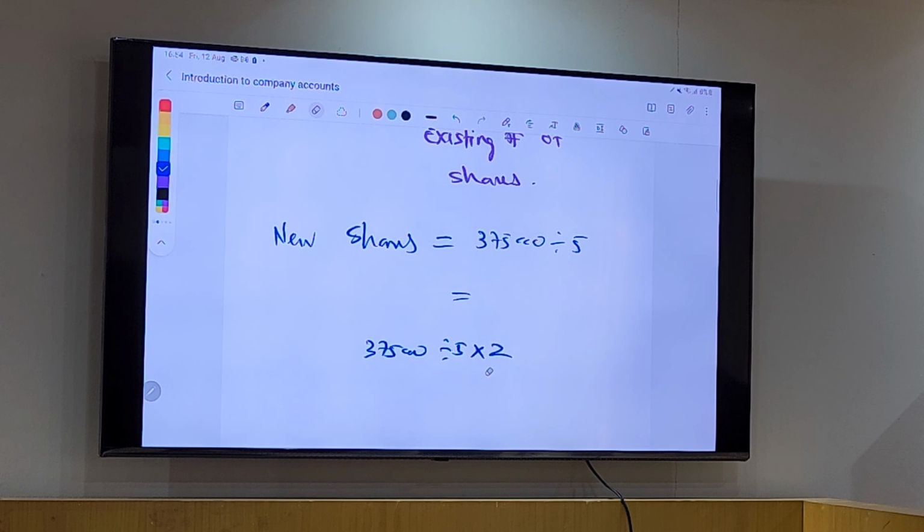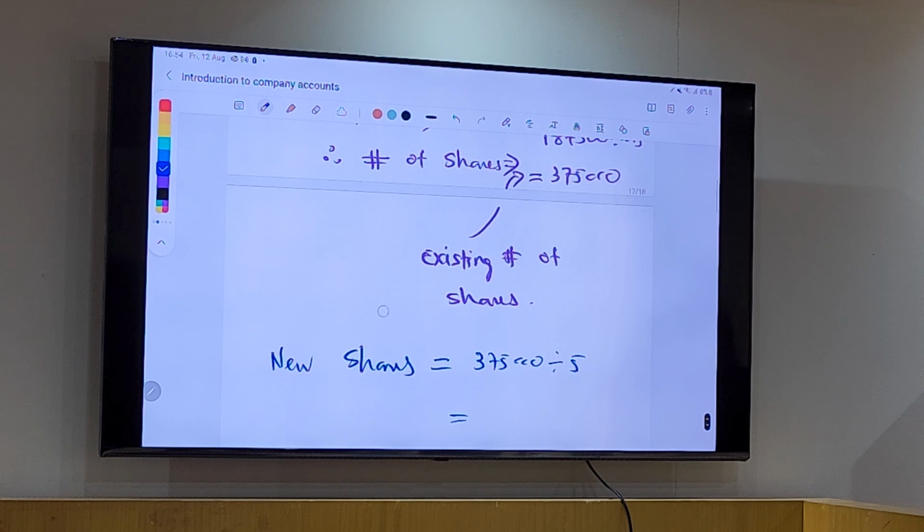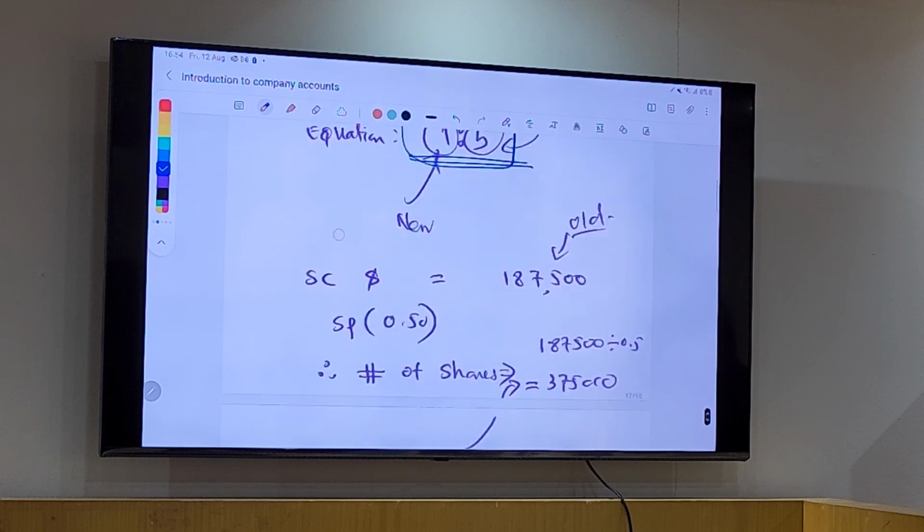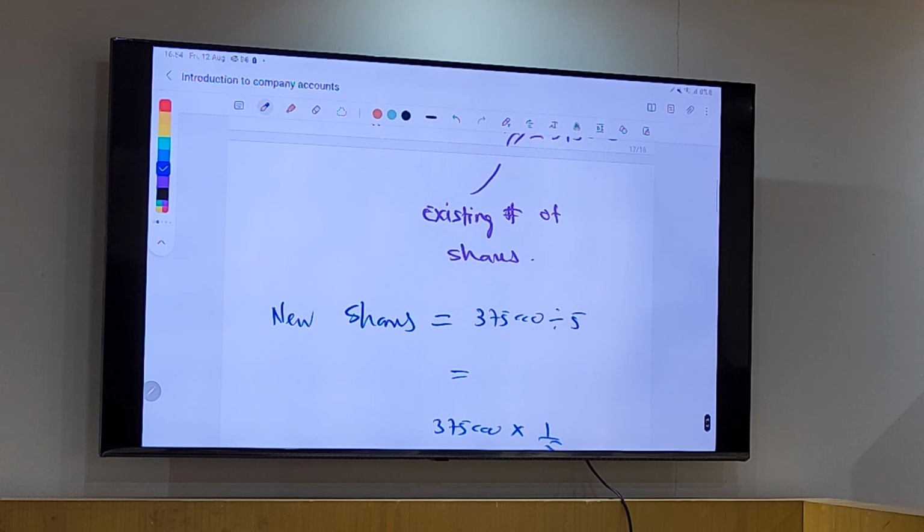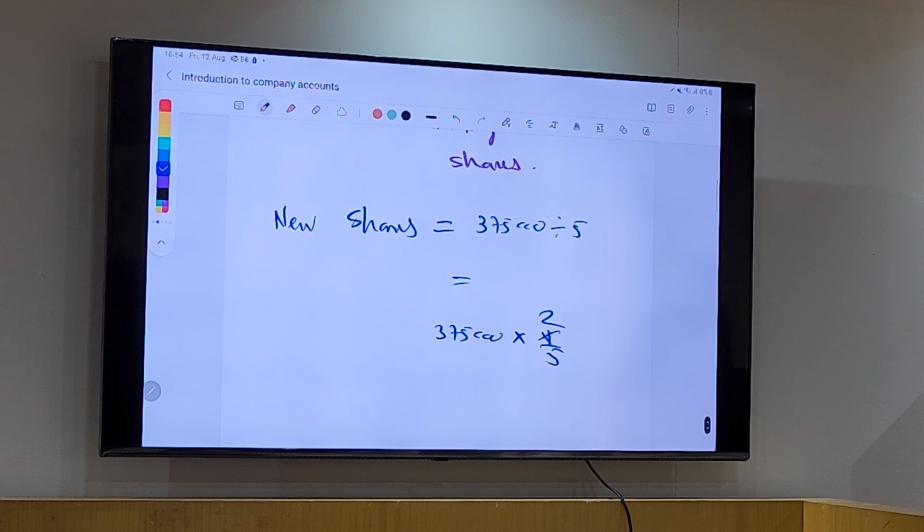Actually, it's like 375,000 into 1 over 5. In this example, since this becomes 2, this will change. Clear?